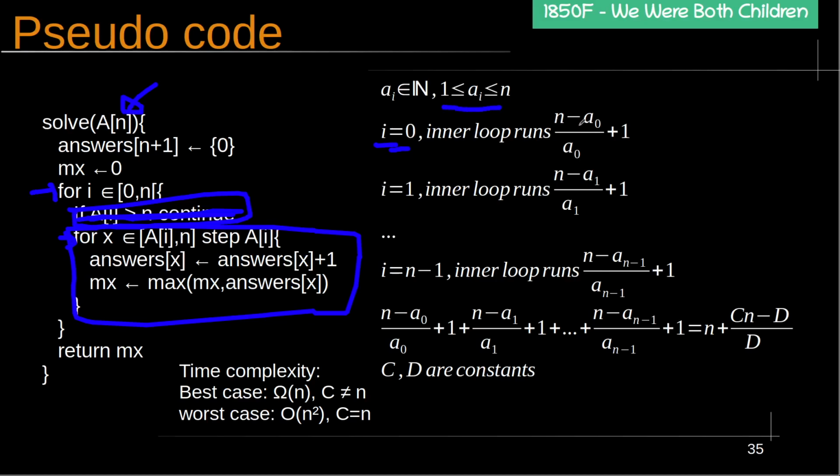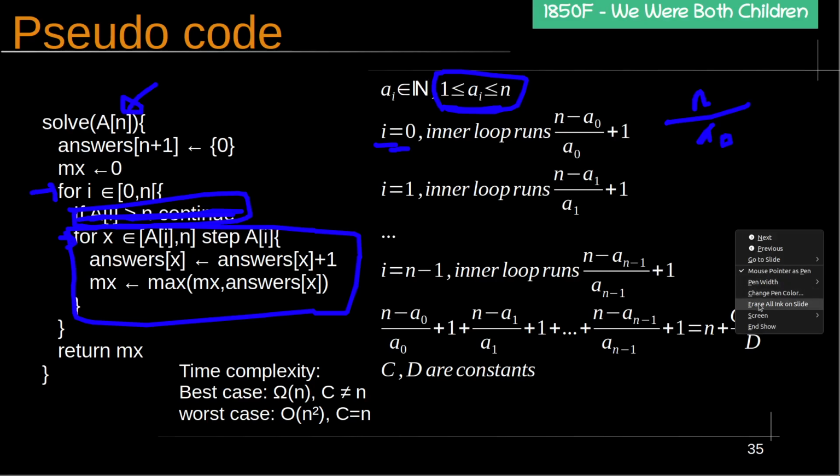Why this (n - a0)/a0 + 1? Because a_i is in this range. If a_i is not in this range, the number of iterations will be n over a0. For i equal to 1, the inner loop runs (n - a1)/a1 + 1, and for the last one, i equal n - 1, the inner loop runs (n - a_{n-1}) over the same element plus 1.